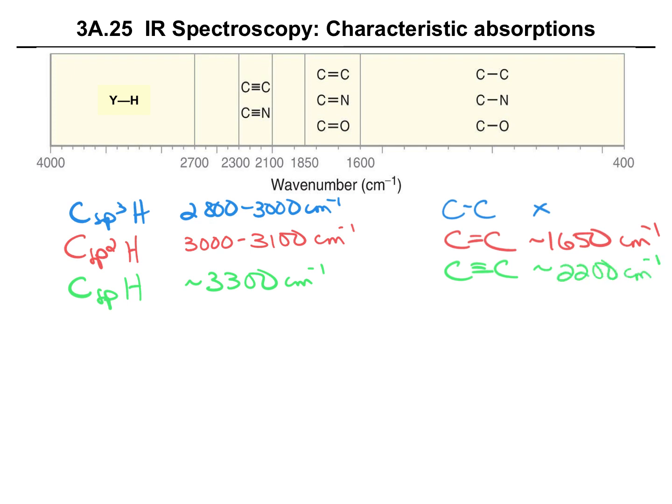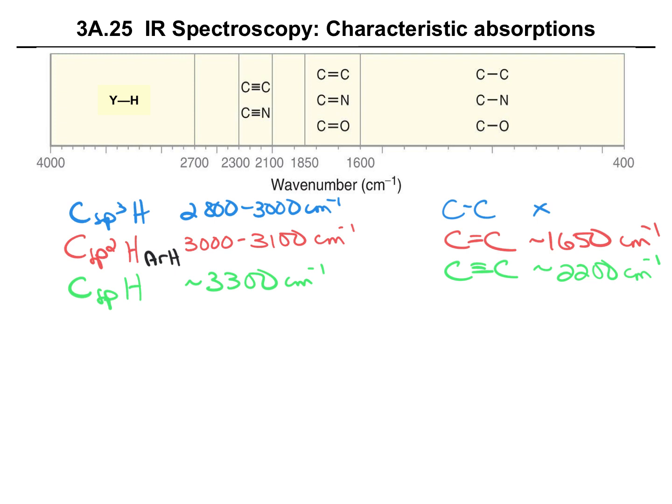Another type of hydrocarbon would be an aromatic ring, and these carbons are sp2 hybridized, and so they will also absorb in the 3,000 to 3,100 range. So I'm just going to add that here, and I'm writing ArH, where Ar stands for an aromatic, not for argon.